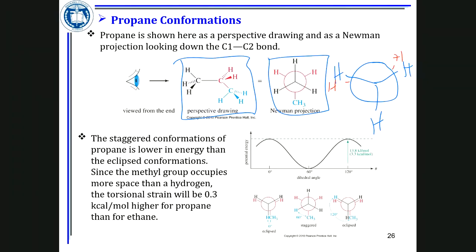Now, which one should I write CH3? Which two should I write hydrogen? It doesn't matter, because this is a constant rotation, and it's constant rotation that even these molecules, from eclipse to staggered, you cannot separate them.